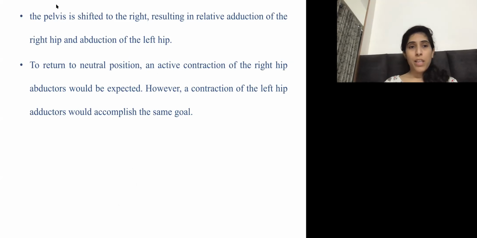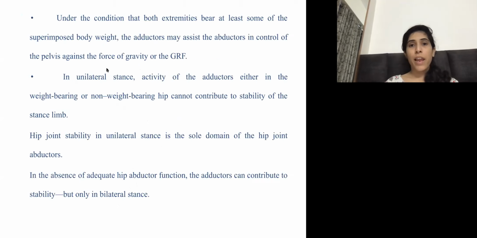Here we are assuming that the patient is shifting weight to one side. So the pelvis is shifted to the right, resulting in a relative adduction torque, or adduction of the right hip and abduction of the left hip.